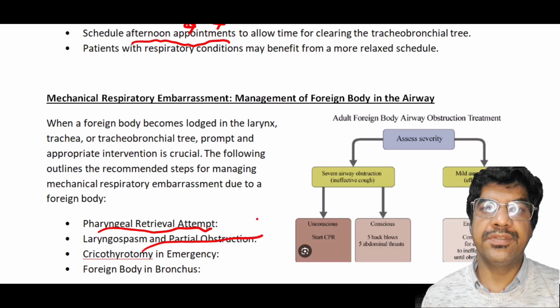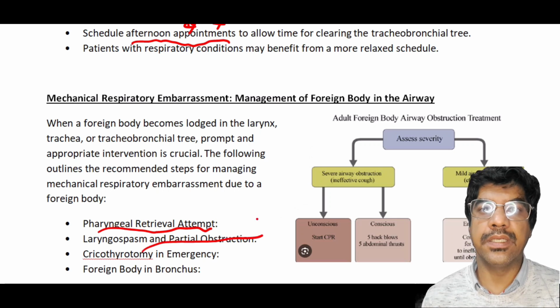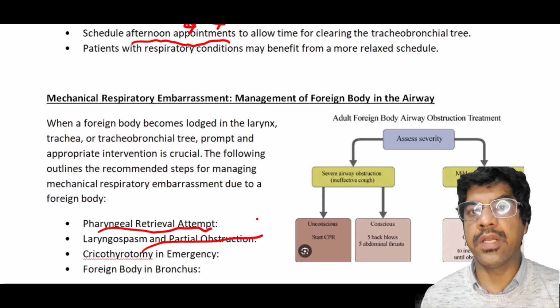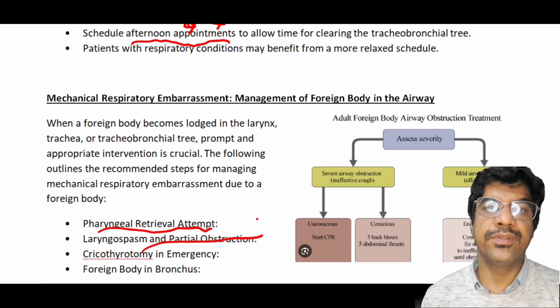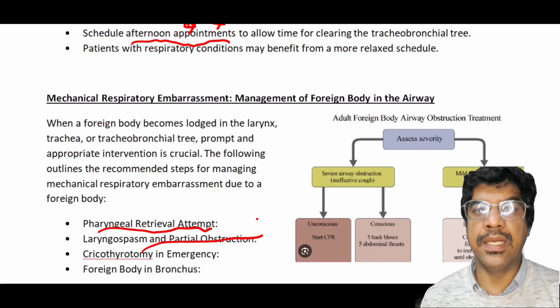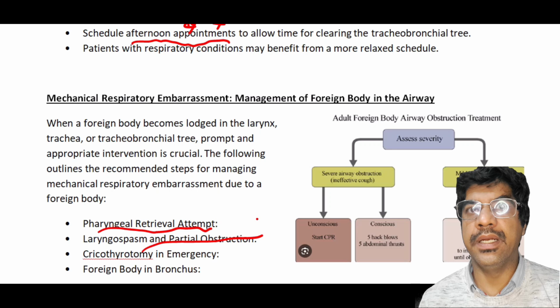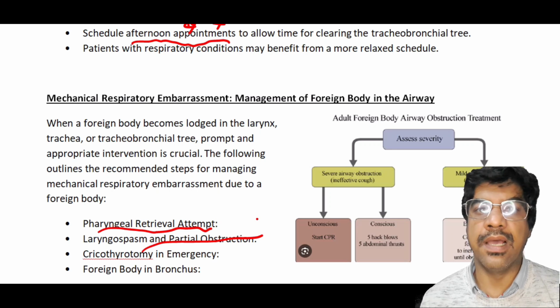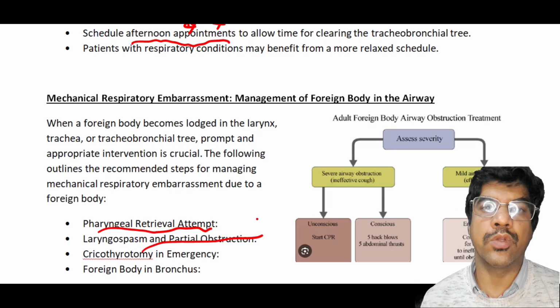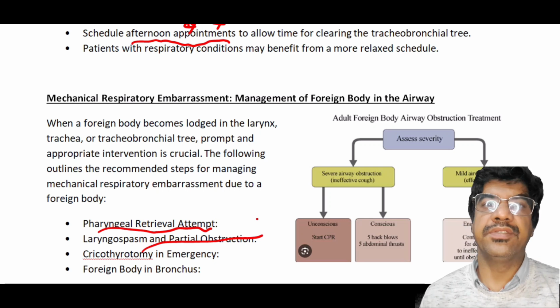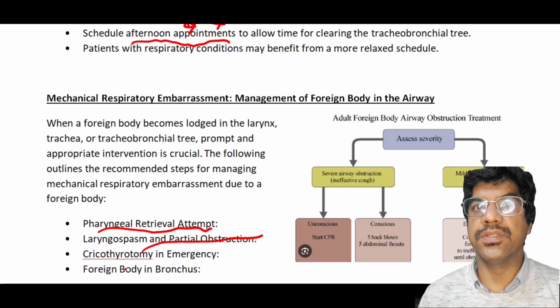However, when the obstruction significantly reduces ventilation, you can consider cricothyrotomy, which involves passage of a needle through the cricothyroid membrane in the midline. This maneuver is important when the obstruction is at the level of the vocal cord and superior to the cricothyroid cartilage.